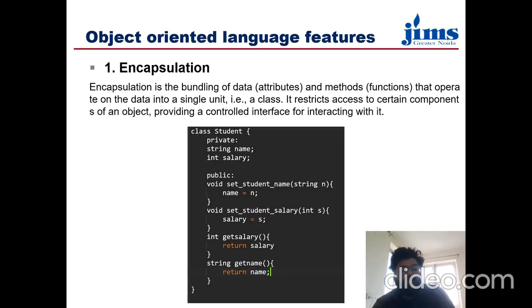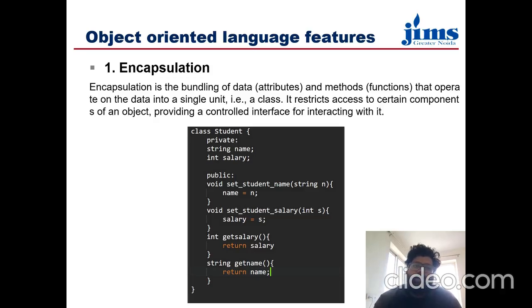Now coming to encapsulation. Encapsulation is basically the backbone of object-oriented programming. The reason I say this is because it ensures data security. Once the data is bound together, it restricts who can access that data.